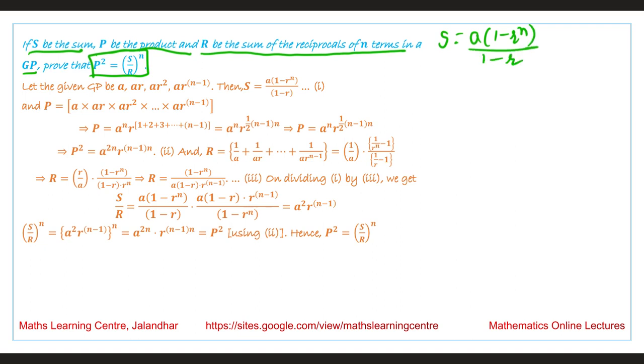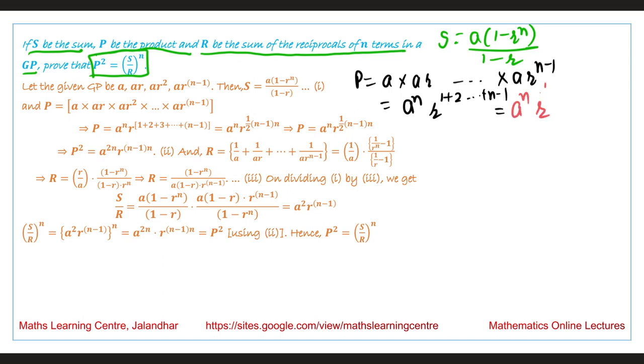When we are talking about the product of the GP, we are writing it as a into ar and so on up to into a r raised to the power n minus 1. So the answer we obtain is a raised to the power n, r raised to the power 1 plus 2 and so on up to plus n minus 1. So this is equal to a raised to the power n, r raised to the power 1 by 2 into n minus 1 into n.